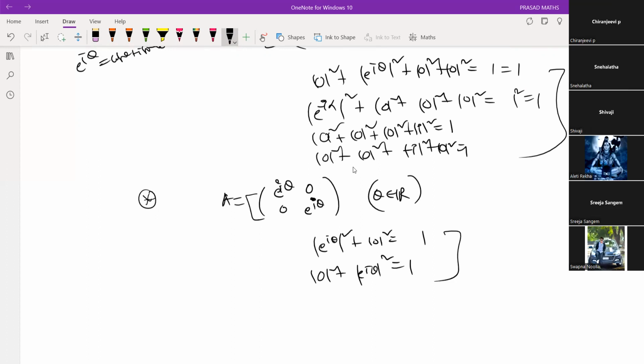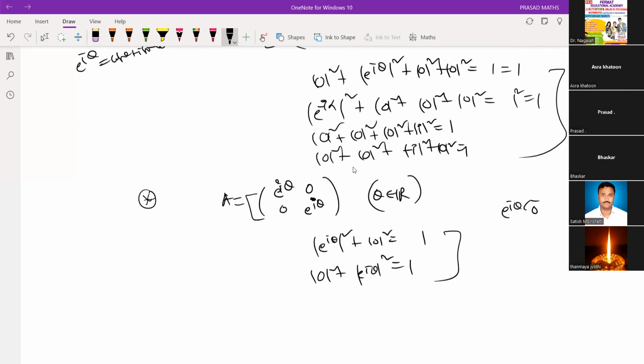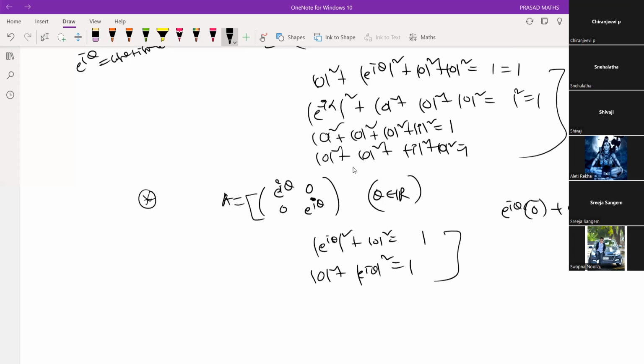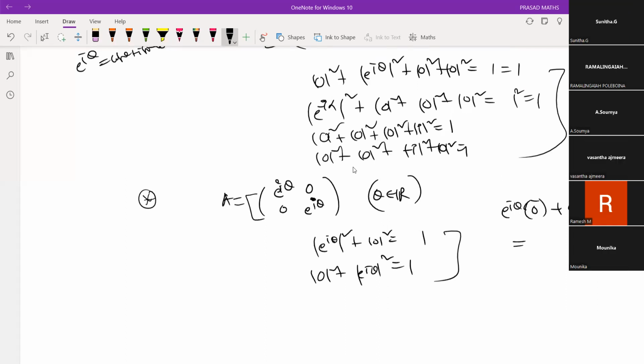So it satisfies the first property. What is the second property? e to the power i theta times 0 bar plus 0 times e to the power i theta bar equals 0. So therefore it is unitary. Now how many such matrices are there? Infinity, right?